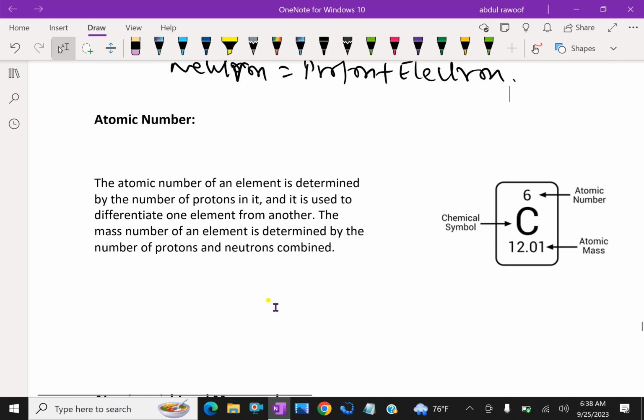Next, atomic number. The atomic number of an element is determined by the number of protons in it, and it is used to differentiate one element from another. The mass number of an element is determined by the number of protons and neutrons combined.